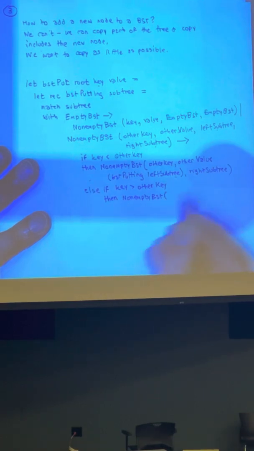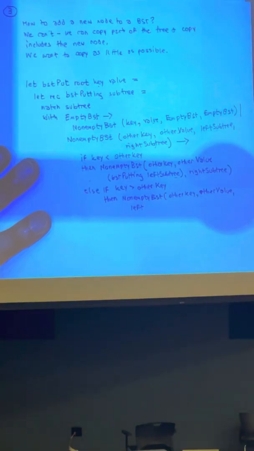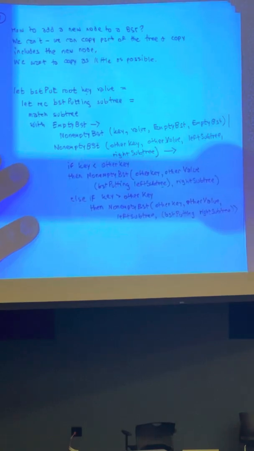That's going to create our new node. Okay, other key and other value, we know that those aren't going to change. Okay, and now what happens is that we will just simply use the existing left subtree, but we're going to copy the right subtree. Okay, two parentheses close that off.